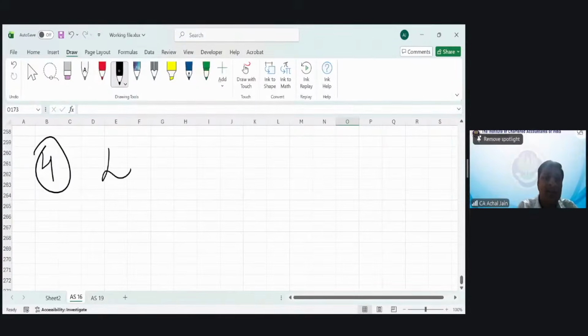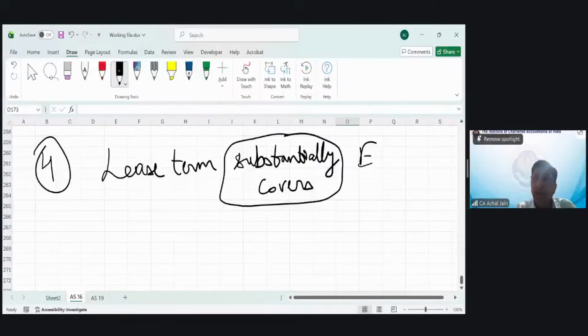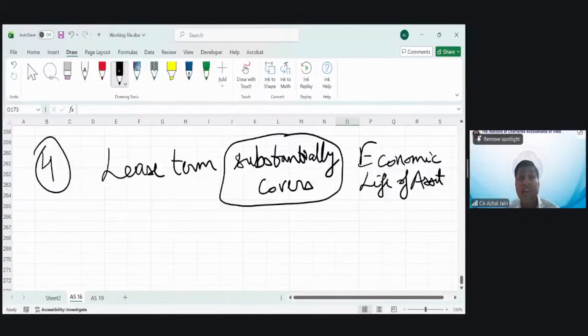The lease term substantially covers the economic life of the asset. Lease term is clear to everyone, right?